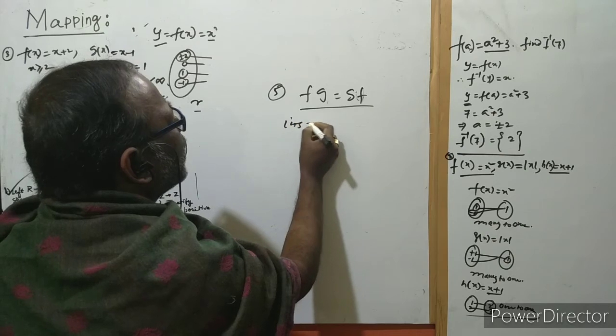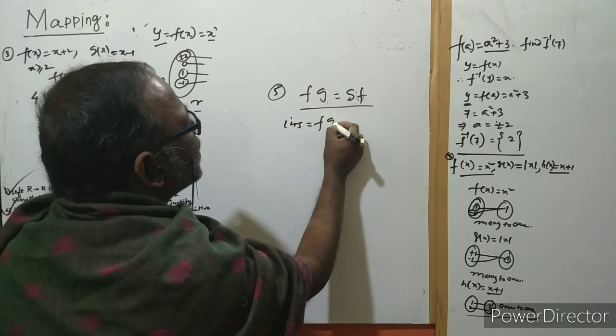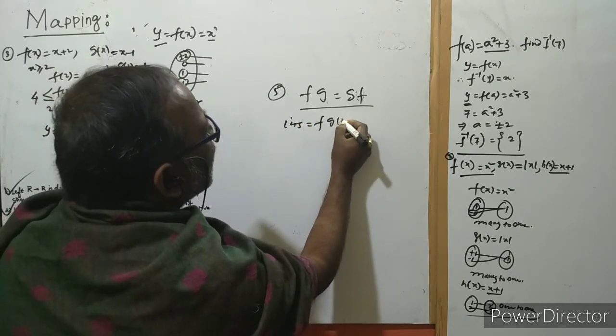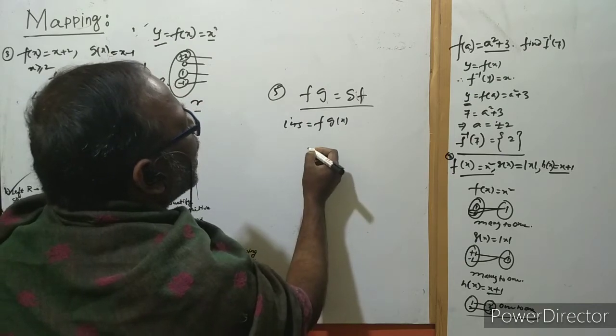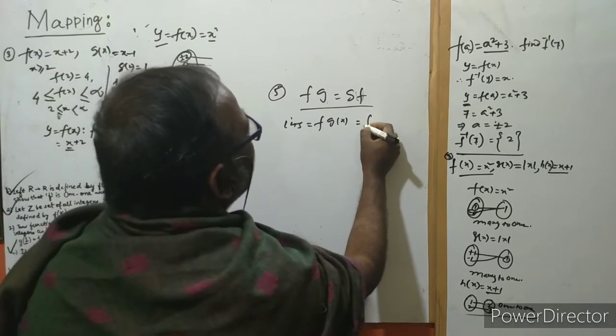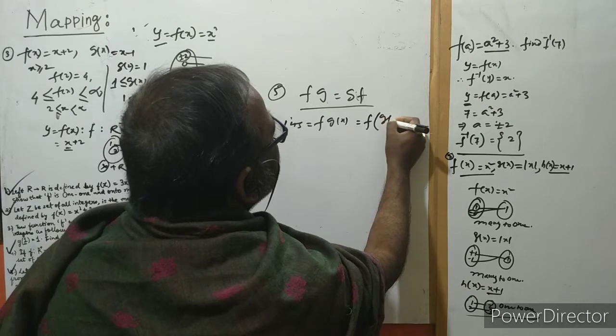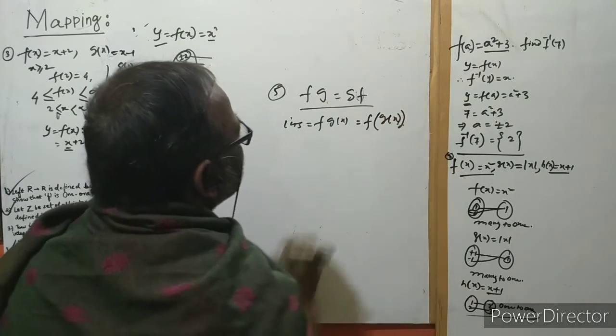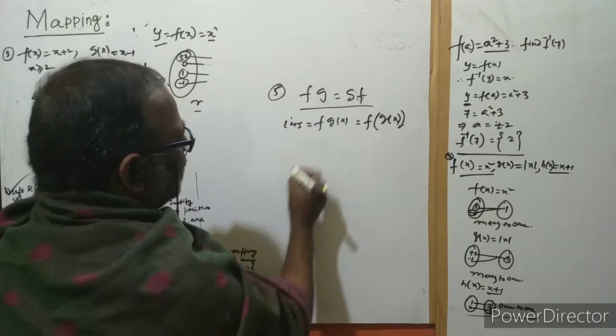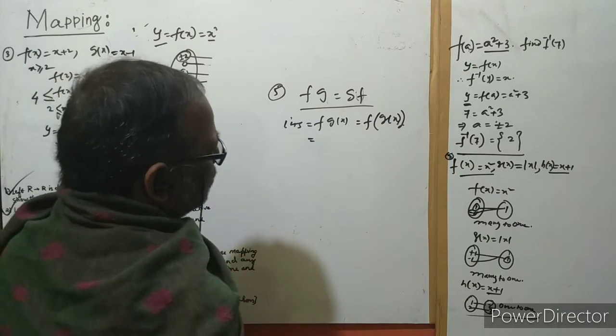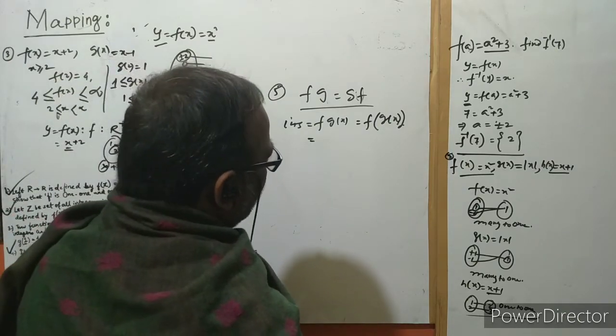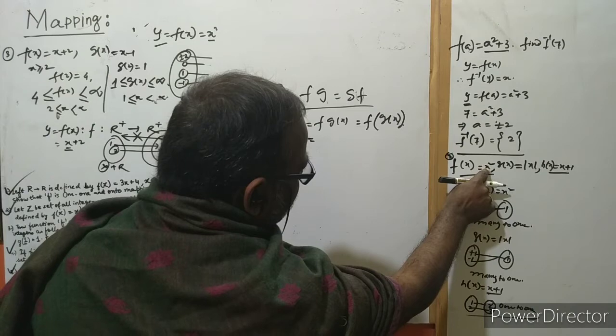Left hand side, we now write here the left hand side, f of g, and that is equal to f of g of x. This is called the product of functions. Okay. So now f of x is x square here.